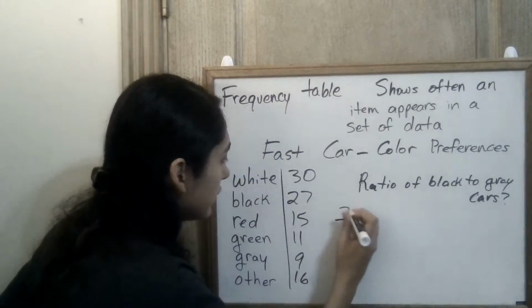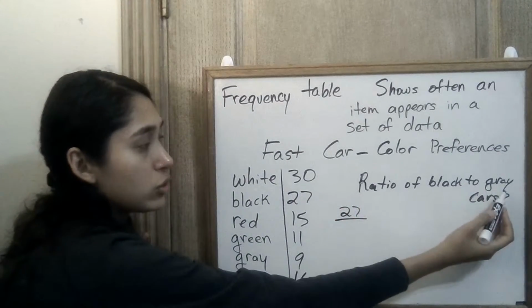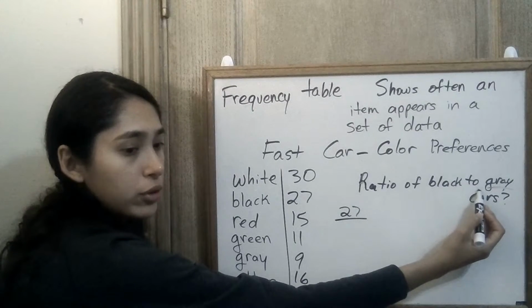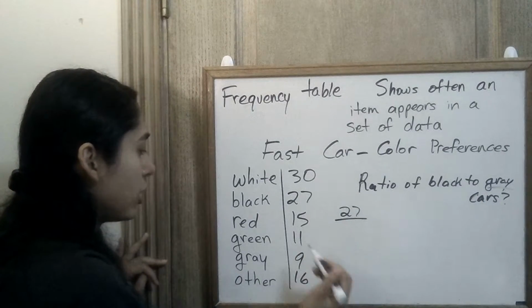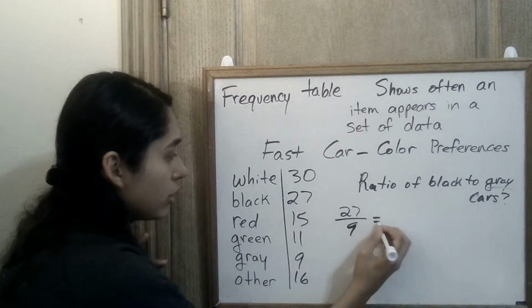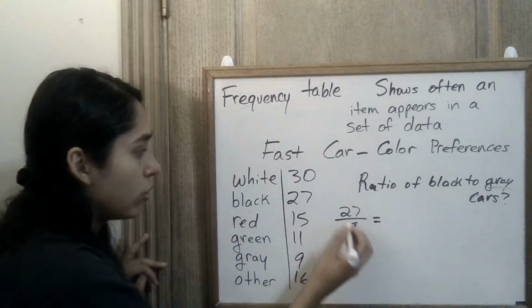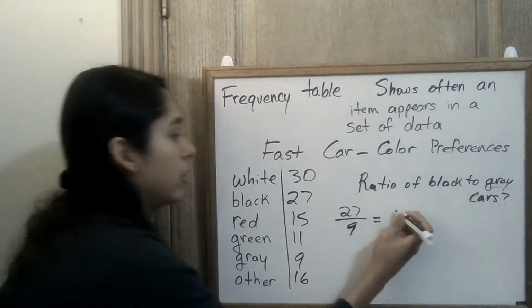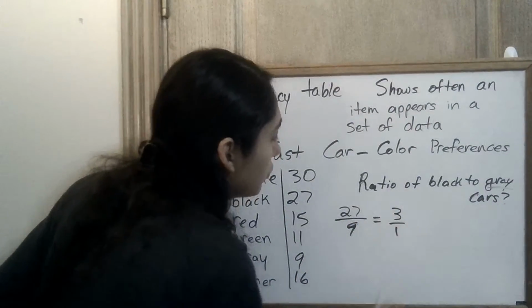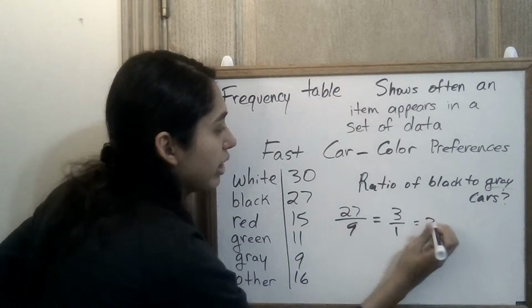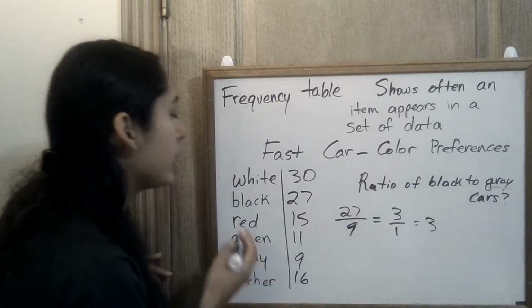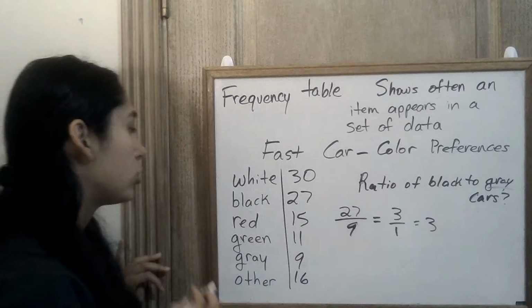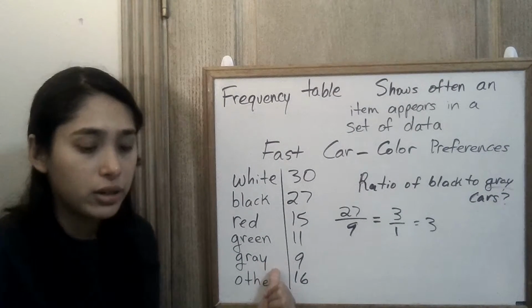Black is 27. Gray was the word that came after the word 2, so that's going to be our denominator. So that would be our ratio. Since we simplify it, 3 over 1, which is 3. So we know that black cars sell 3 times more than gray cars.